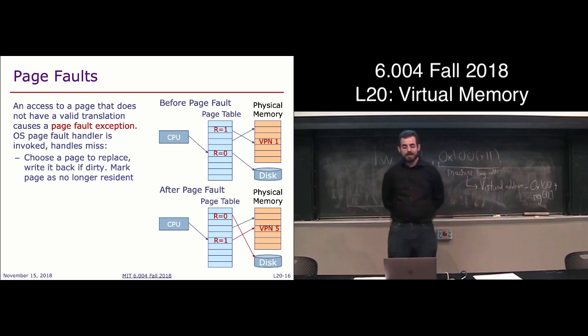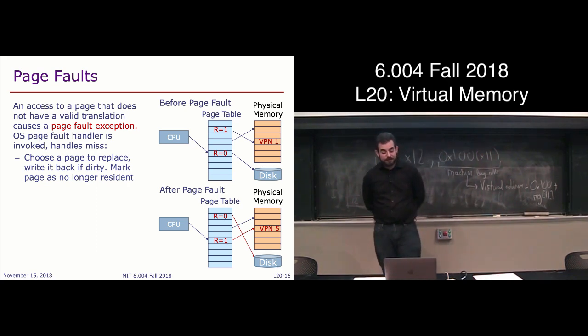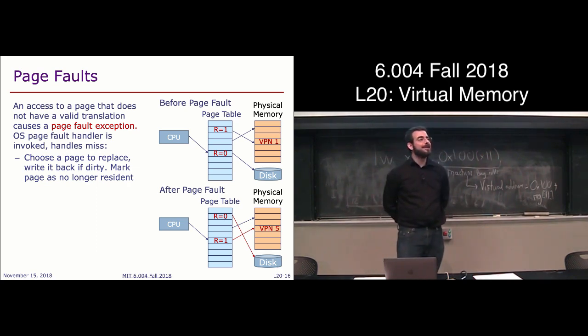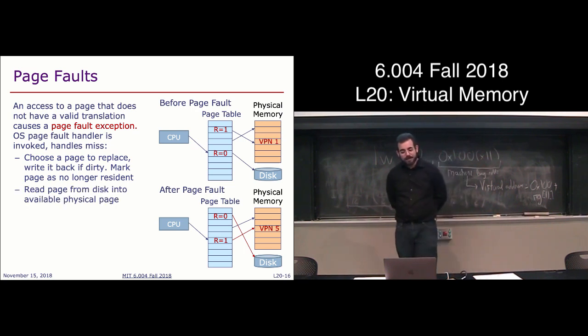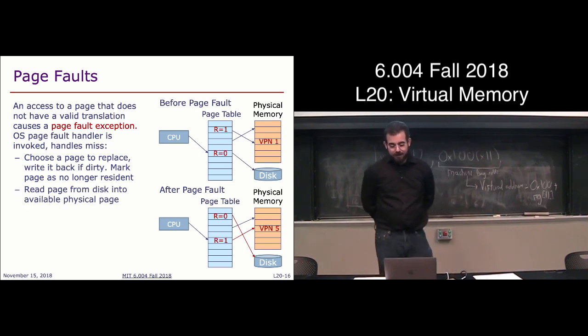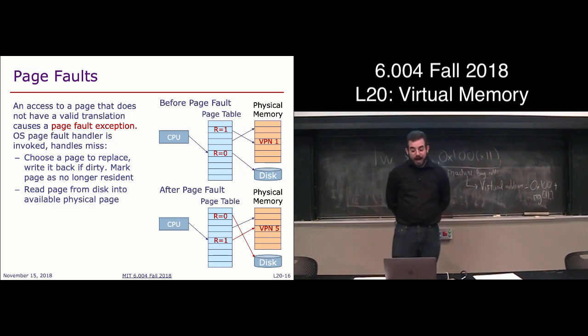So the way this happens is the same process as on this, right? It's essentially exactly what you implemented on Lab 6 for a cache, but in software, right? So basically, the operating system chooses a page to replace. If it's dirty, it writes it back, and then it marks the page table entry as that page is no longer resident.